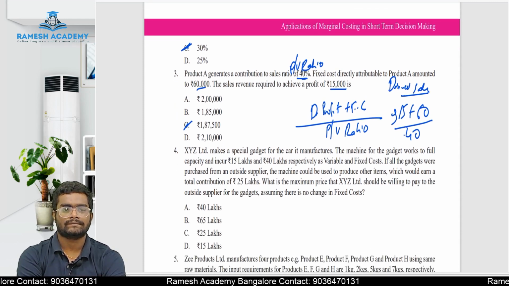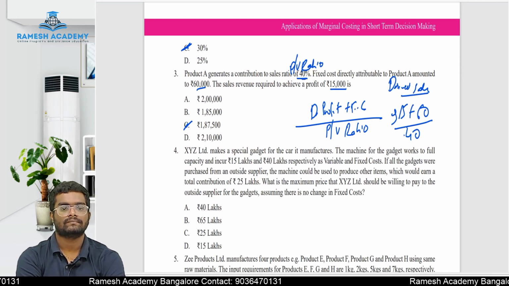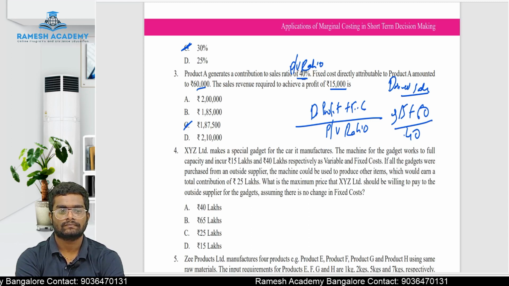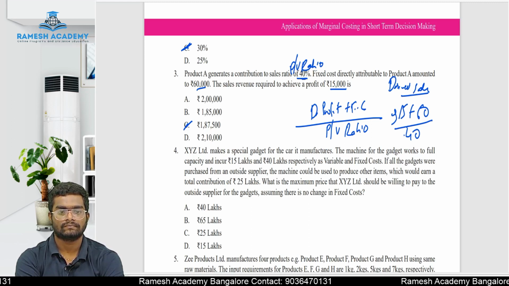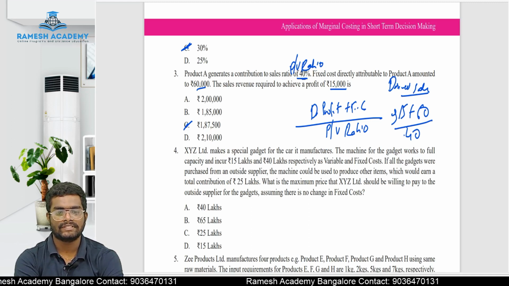Please read the fourth one. So the fourth question is that XYZ Limited makes a special gadget for the car it manufactures.